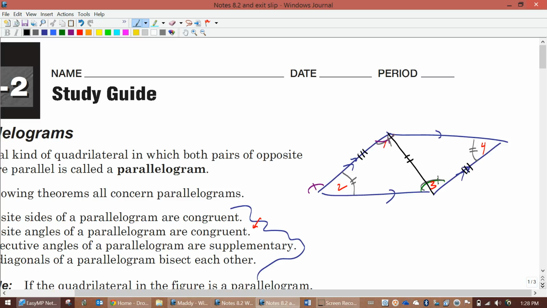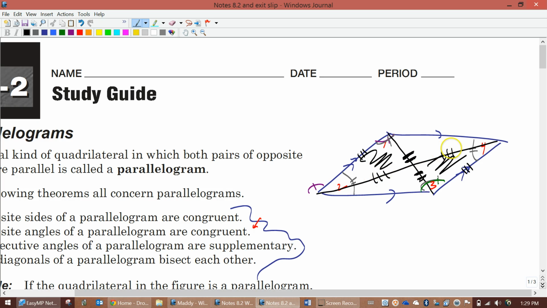And then for the fourth one, ready, drum roll. We can talk about these two triangles being congruent, okay? We can also throw in another diagonal. We can then talk about this triangle and that triangle being congruent, which tells us that this piece and that piece are congruent.